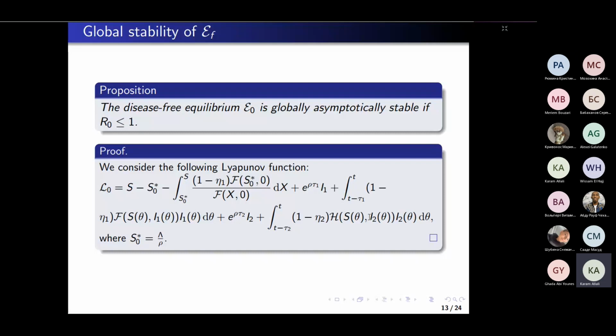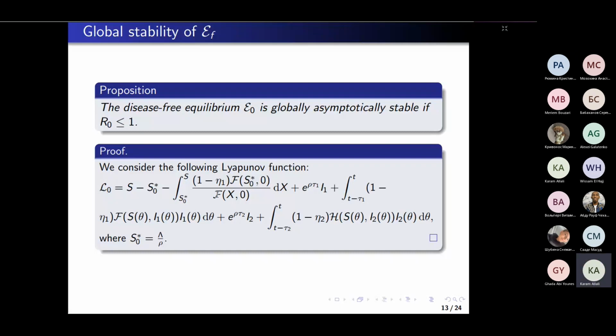This is why we take the integral from t minus tau 1 to t and t minus tau 2 to t. This is very important. When we take the derivative, it is easy to find the dependence on R0, and if R0 is less than 1, the derivative of the Lyapunov function is negative.